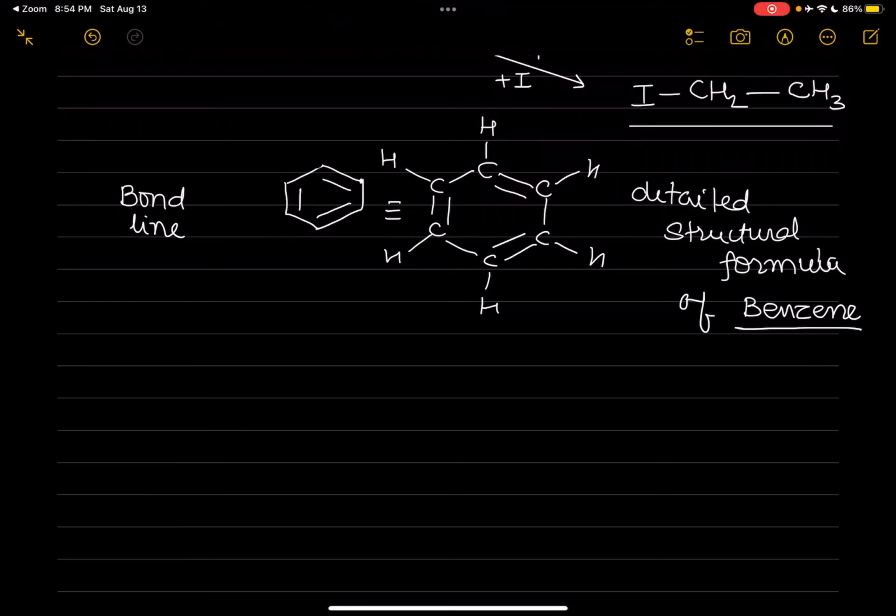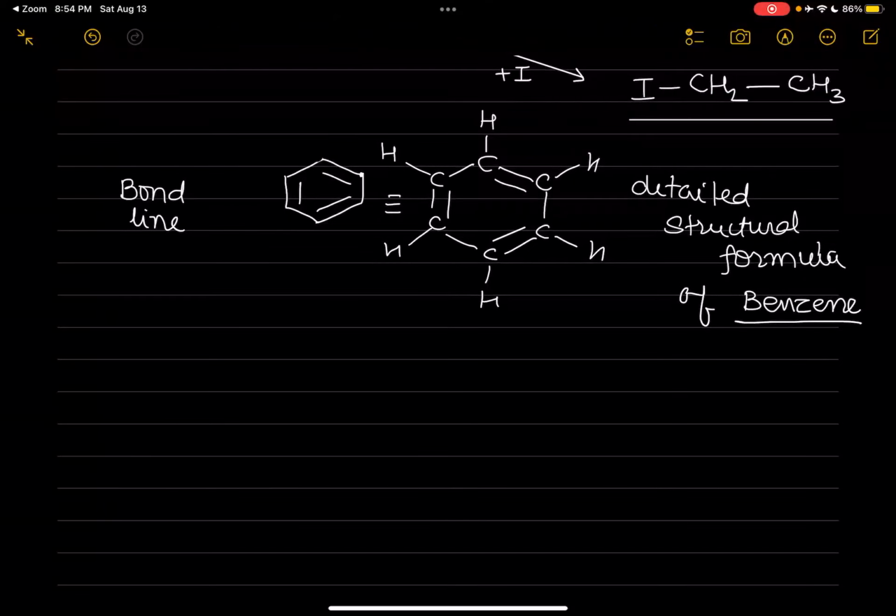We also put one other aromatic compound, which is not benzene, but which is made up of two fused benzene rings. I'm sure that you might have seen this compound. This is also an aromatic compound, and its name is naphthalene.